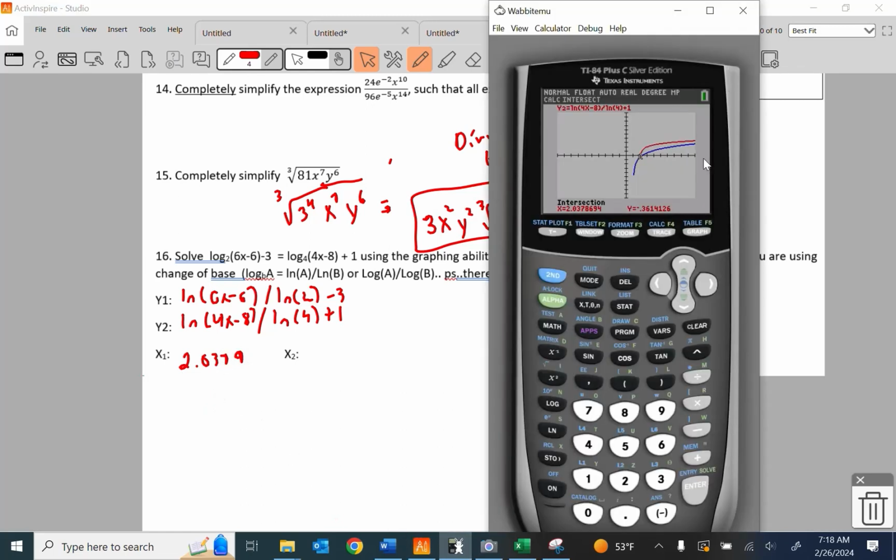All right. Now the other answer is probably over here to the right. You can see that blue curve's catching up with that red curve. So I'm going to adjust my X max out to around 40. For no good reason, just picking 40.